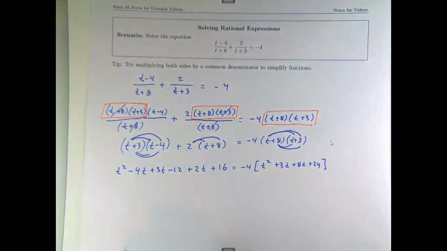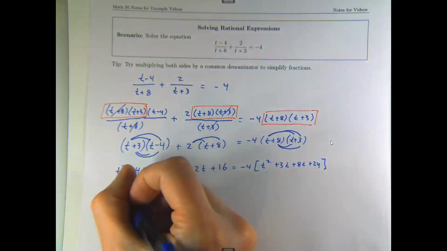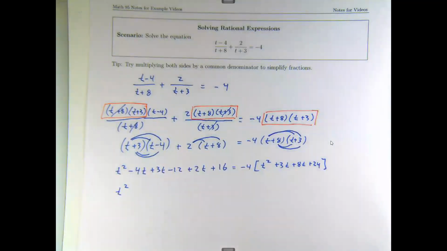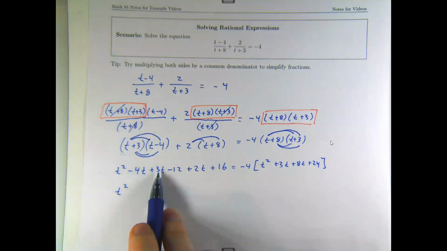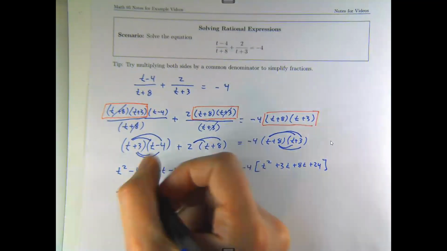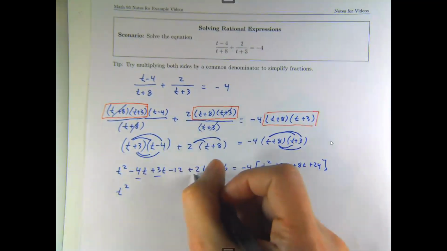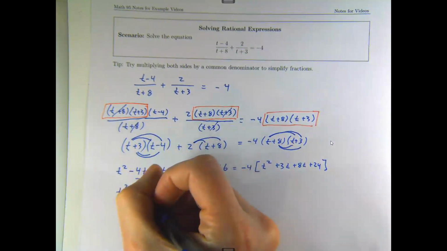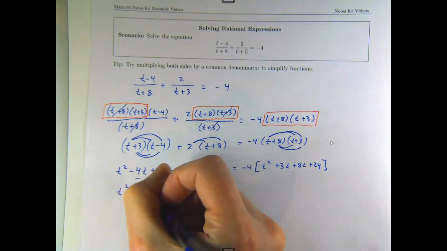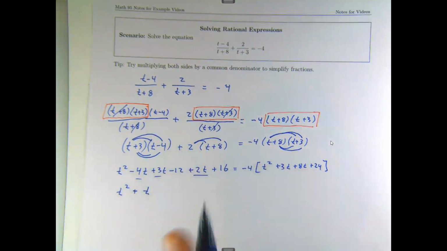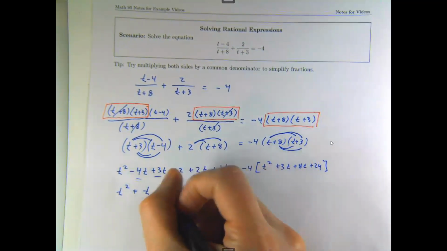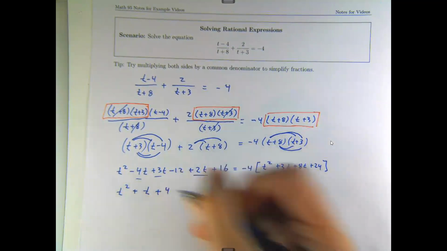I'm going to combine like terms. I've got t squared on its own over here. Minus 4t plus 3t puts me at negative 1t. Negative 1 plus 2 is going to put me at a positive 1t, or just t. Negative 12 plus 16 is going to give me positive 4.